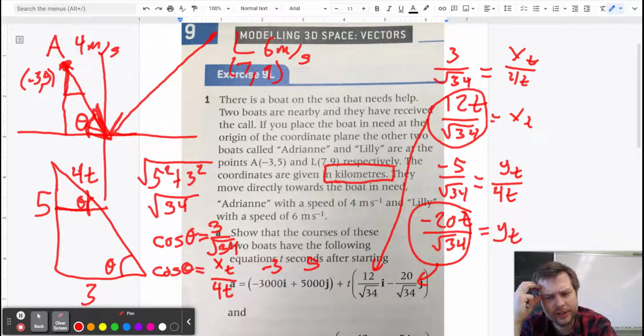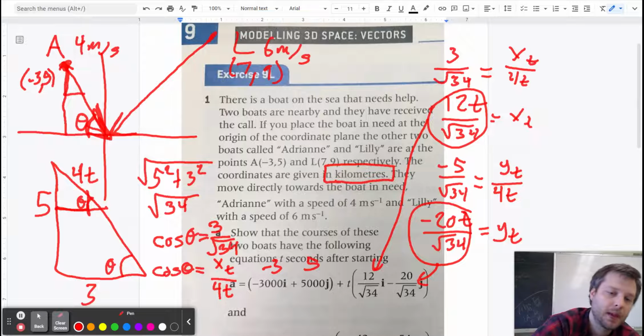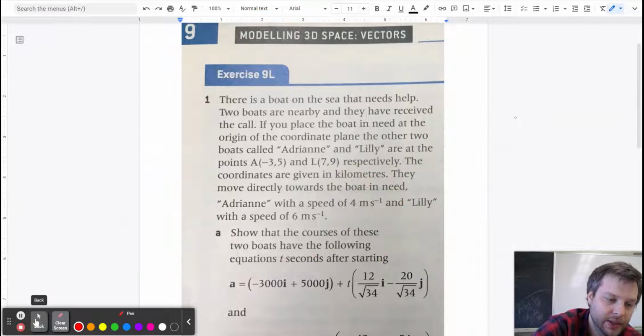You can do exactly the same analysis with Lily, and you would get the other equation that's given. I hope that makes sense for why those are the locations of the boats after t seconds. So what I'm going to do now is clear my screen and look at part B.